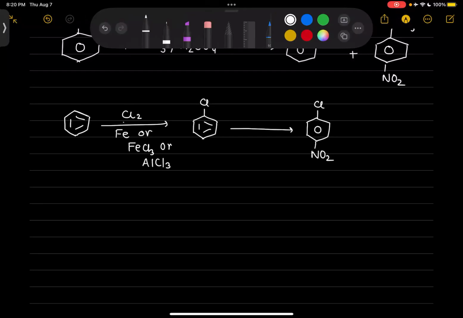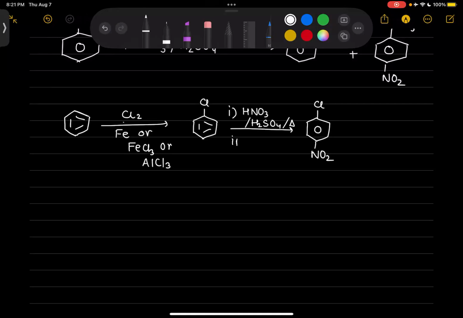The reagent, as we just saw, is for nitration. When you are writing in your CBSE examination, you should write it like this: HNO3, H2SO4, heat. But that will bring the NO2 at both ortho and para positions.